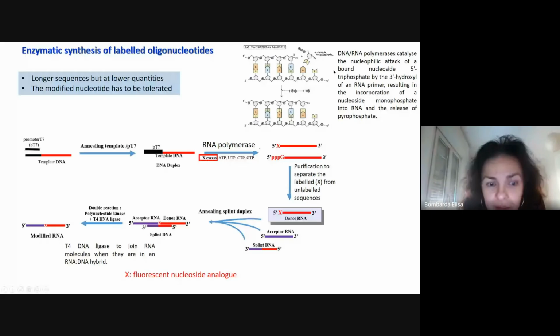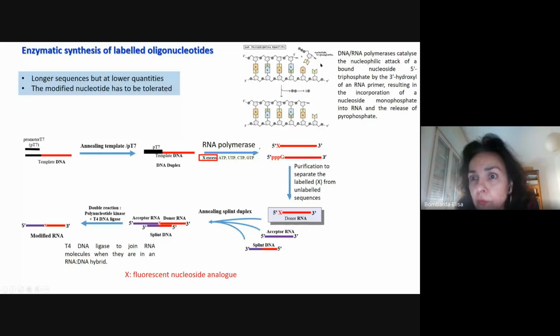And so that is how the polymerase works. It works with the nucleophilic attack of a bound nucleoside 5' triphosphate by the 3' hydroxyl of the RNA primer.